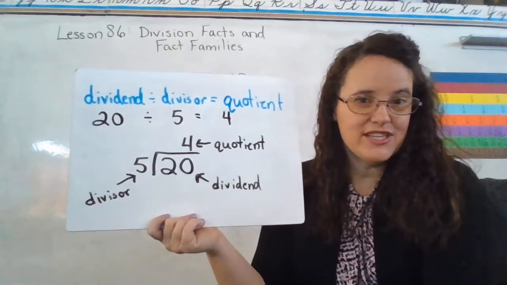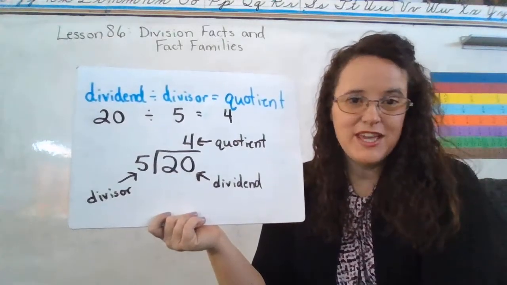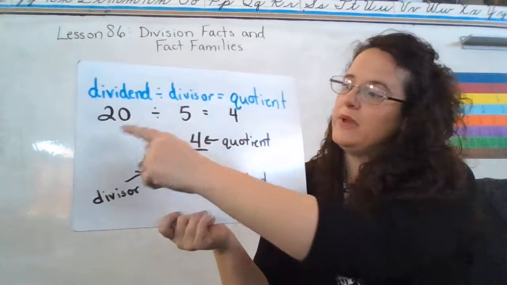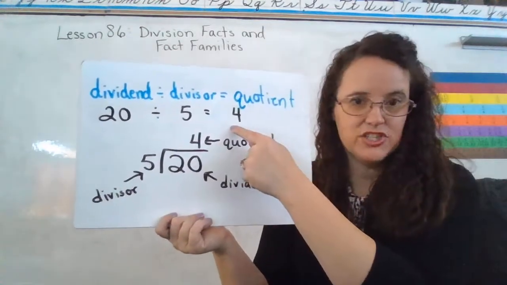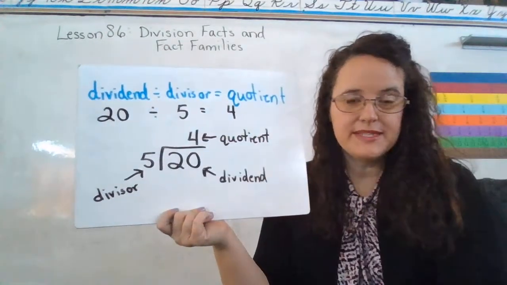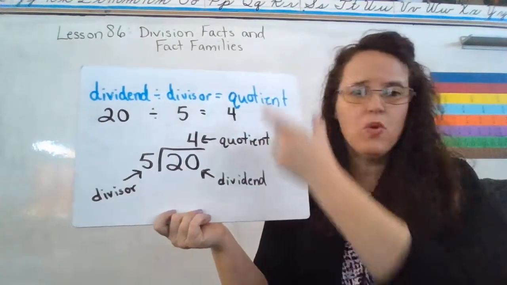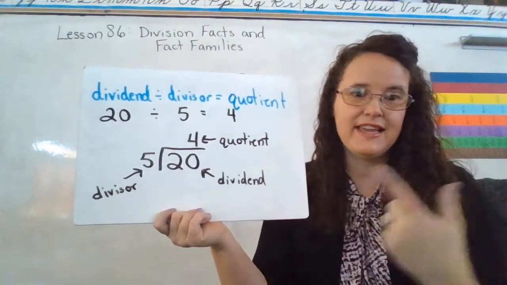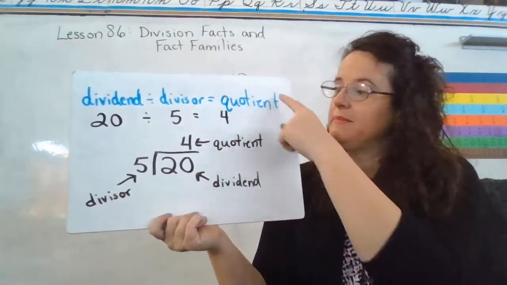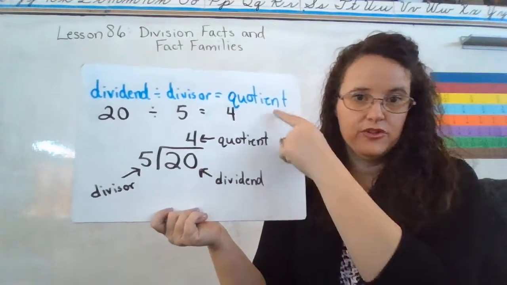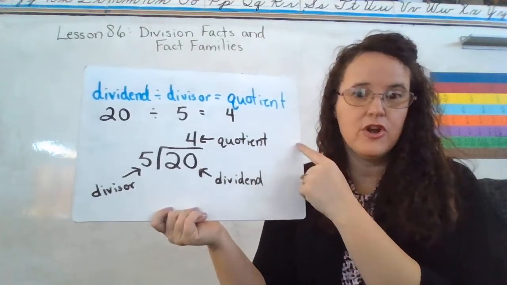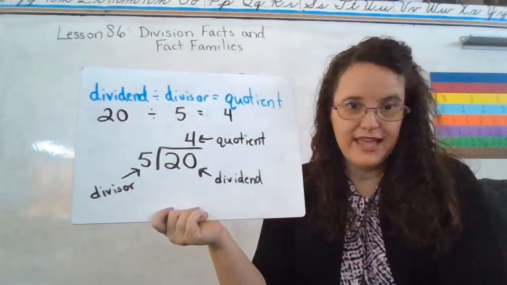So division is a little funny because we can write it more than one way. We can write it horizontally just like our other problems, but we don't write it vertically like we would say 20 times 5 and we'd write it up and down. We don't write division like that.